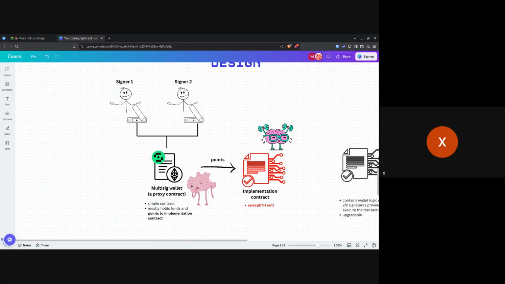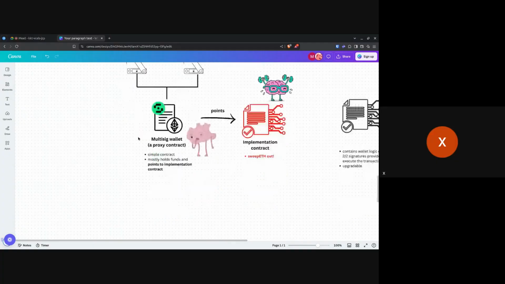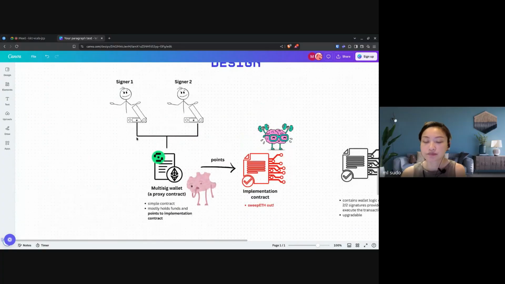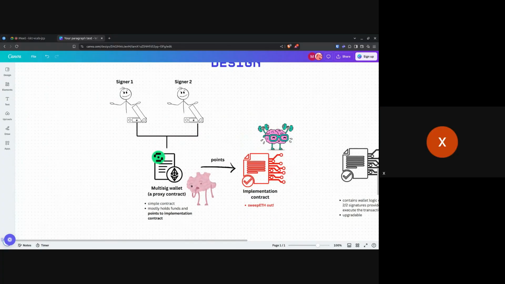That could work. I think there are a lot of trade-offs, and ultimately it's really not an easy problem to know what is going into your hardware wallet.